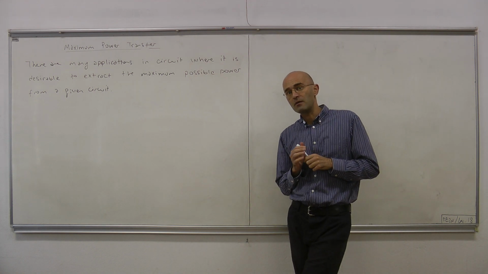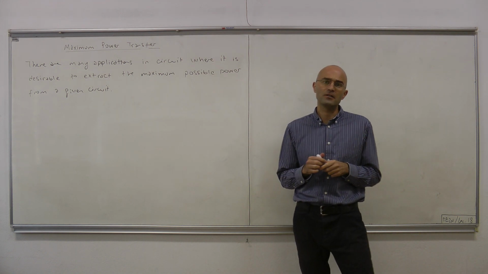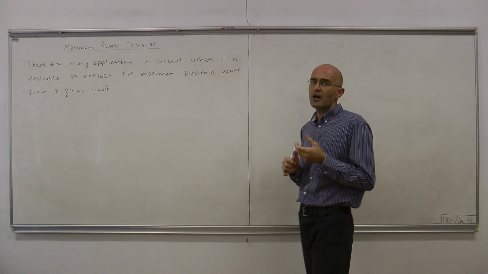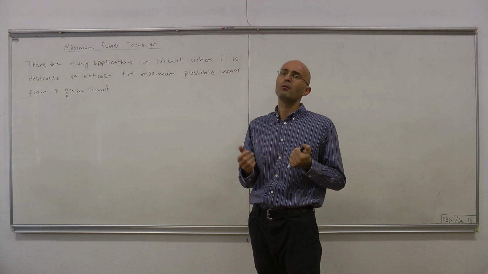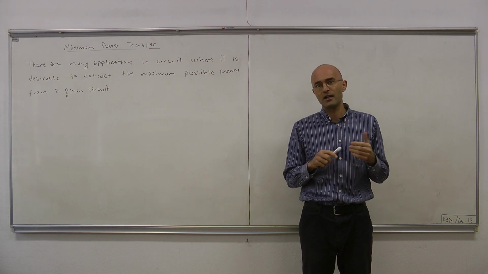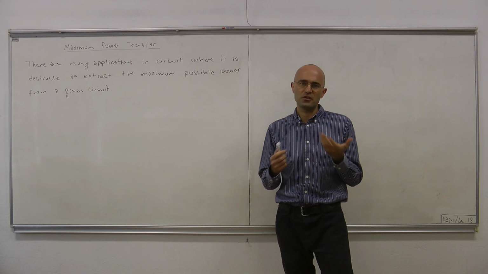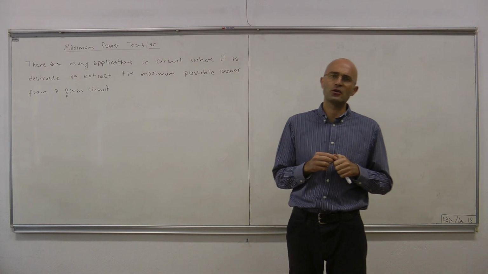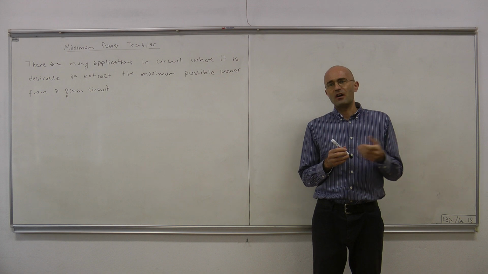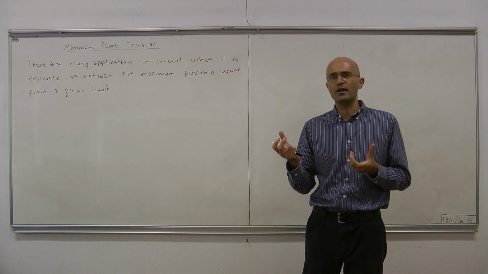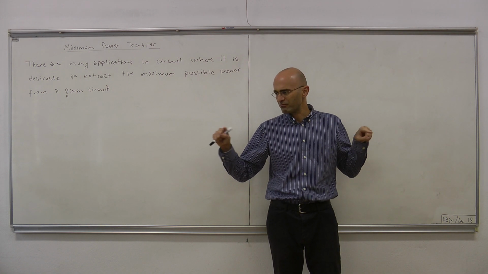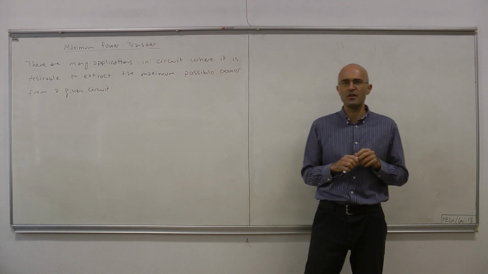And the other extreme is a very large resistance, which you can model by an open circuit. So there will be some voltage across the terminals, but the current will be negligible because we model it as an open circuit. Therefore, no matter what the voltage is, since the current is always 0, again you extract no power at all. So at the two extreme ends, the power consumption is 0.